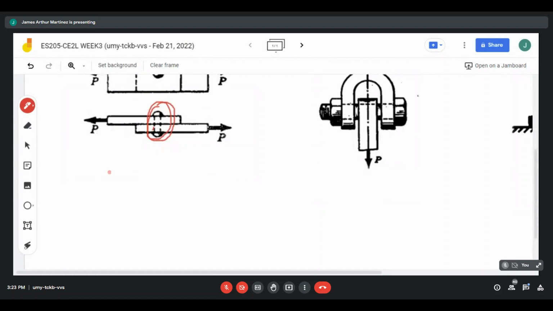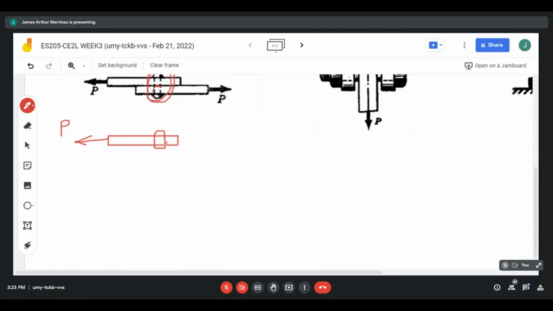So if atong i-draw iyahang free body diagram, that is your force P and the bolt or rivet. On this part, nag-create na siya og shear stress.